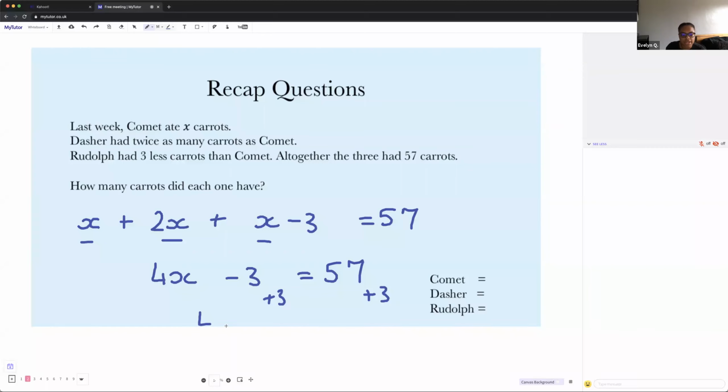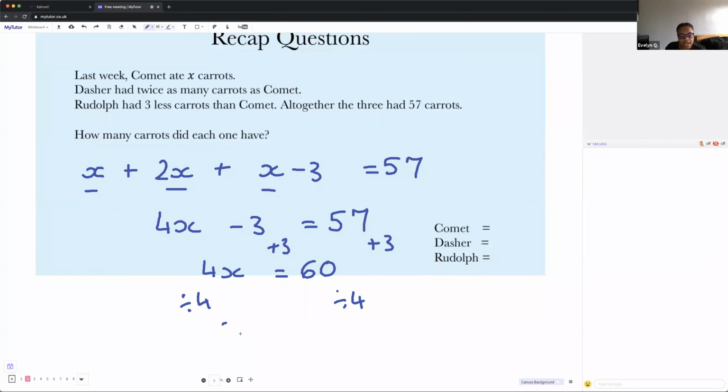So we've got 4x equals 57 plus 3, which is 60. And then the last step is to divide by 4 on both sides. On the left-hand side, we get x, and on the right-hand side, we have 60 divided by 4, which is 15. Brilliant. So we know x is 15.